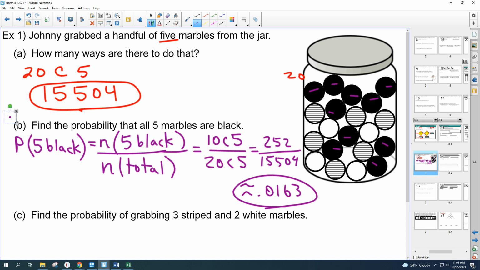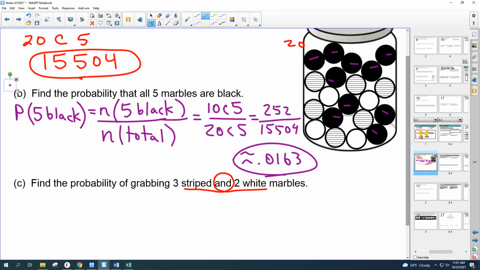Part C says find the probability of grabbing 3 striped and 2 white. So remember, when you see this word "and," a lot of the times "and" is going to mean times. So 3 striped and 2 white. Think about it as times.